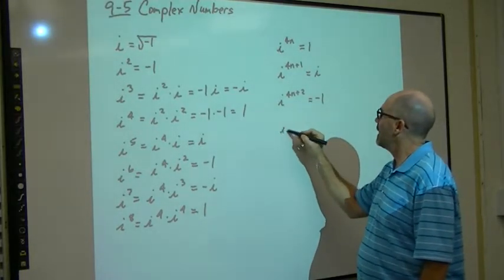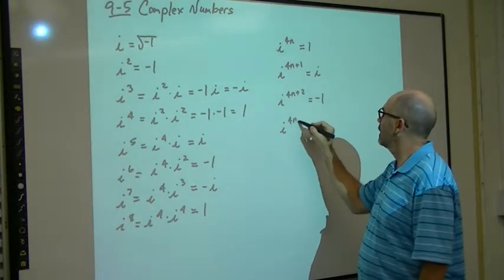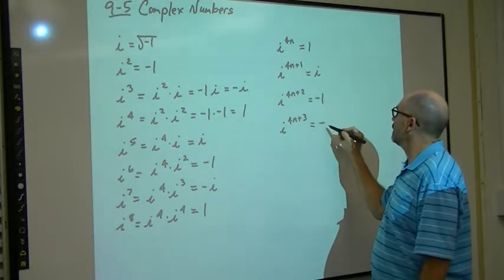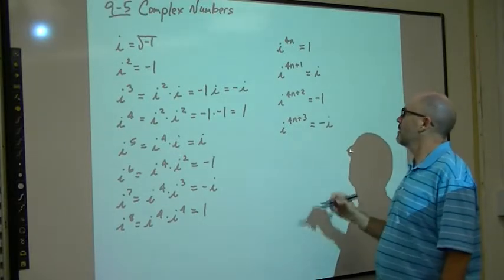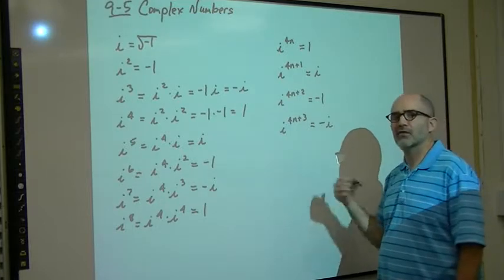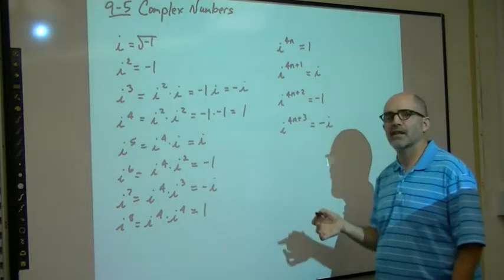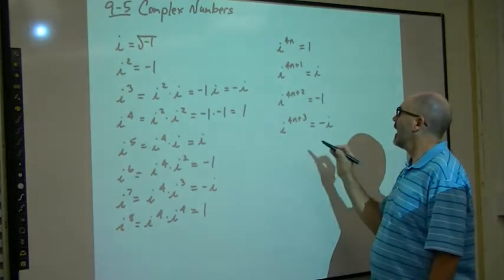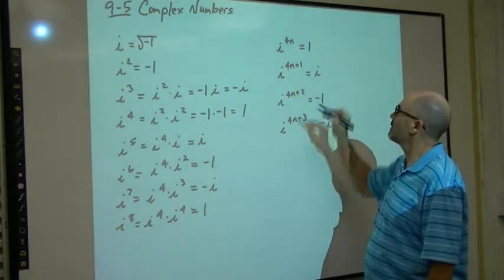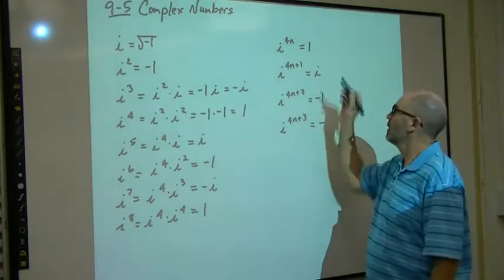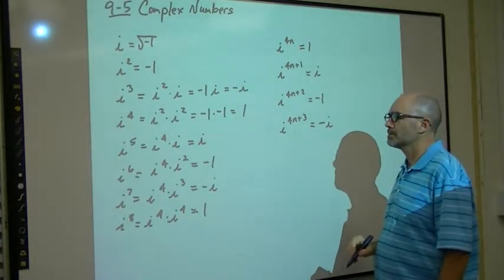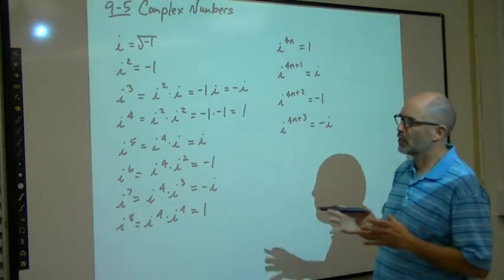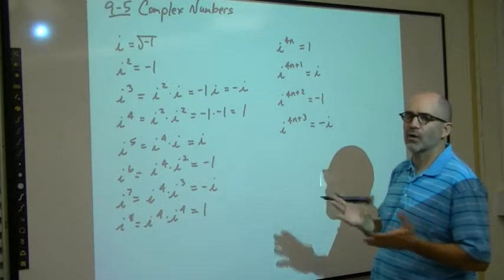Then i to the 4n plus 3 is going to be -i. That would be i cubed, or i to the 7th, or i to the 11th, i to the 15th, 3 past multiples of 4. And then i to the 4n plus 4 is back to i to the 4n, which equals 1. So what that means is I could tell the value of i to any power.